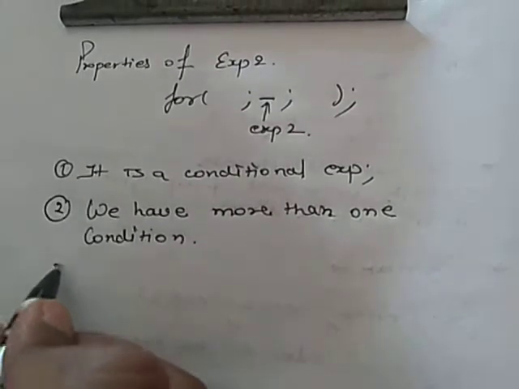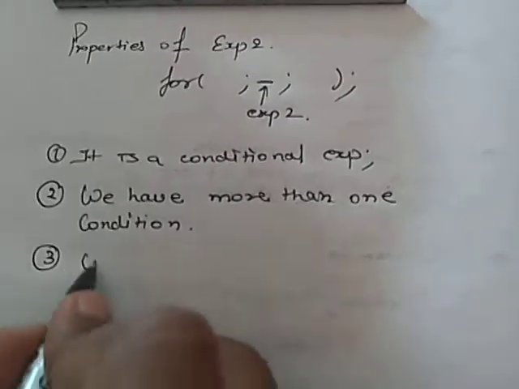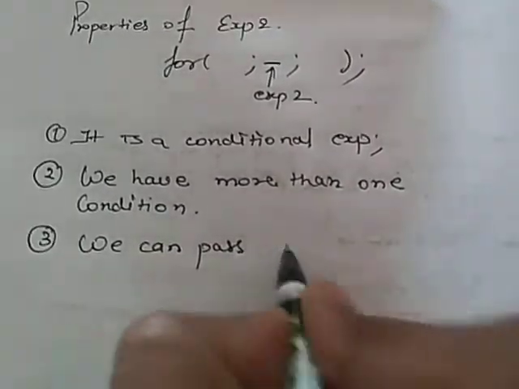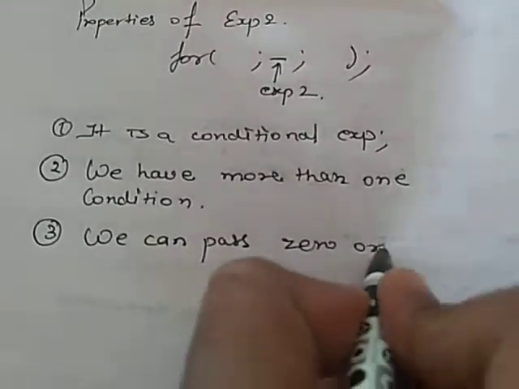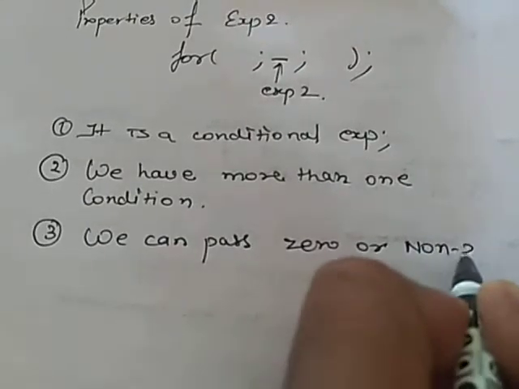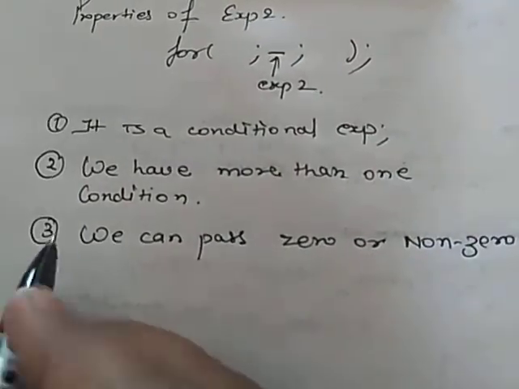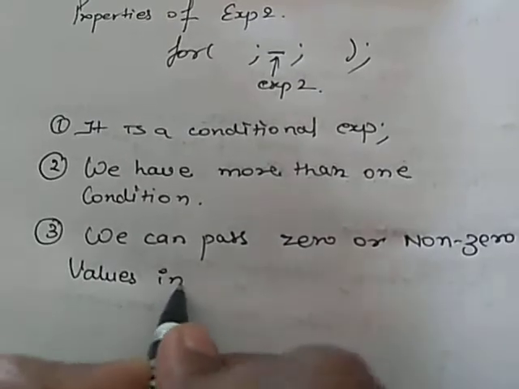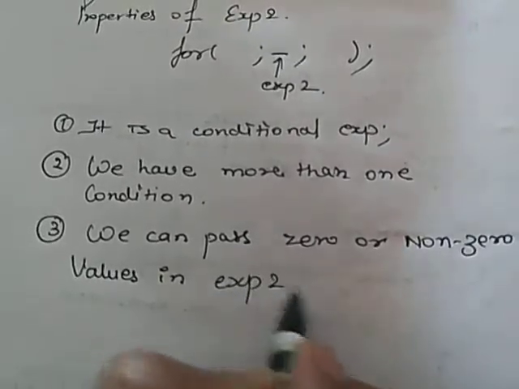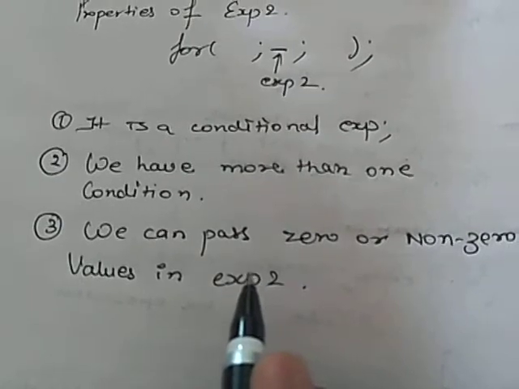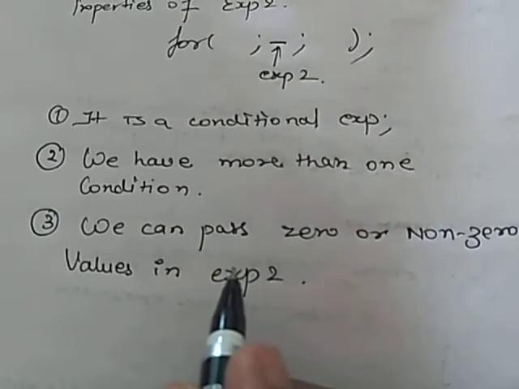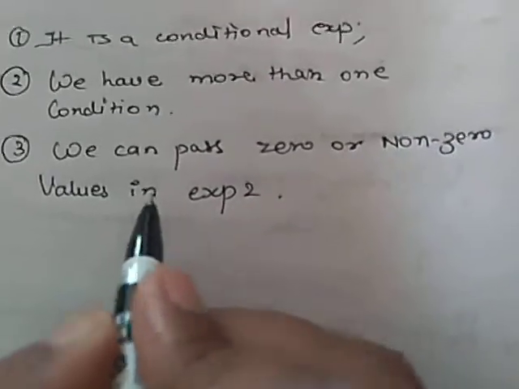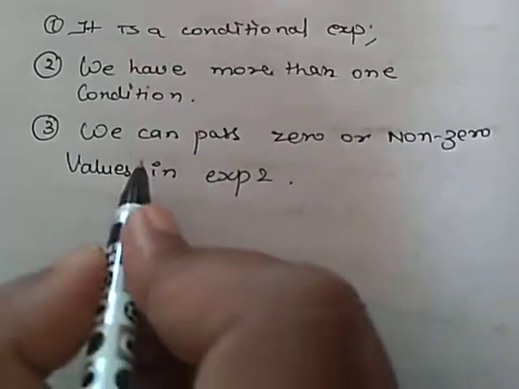Now we can pass 0 or non-zero values in expression 2. Non-zero value is true and 0 is false by default.